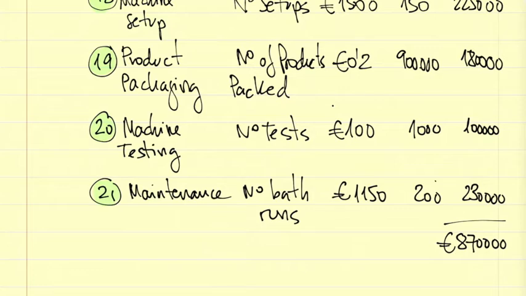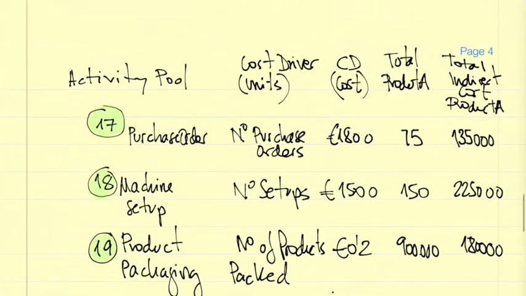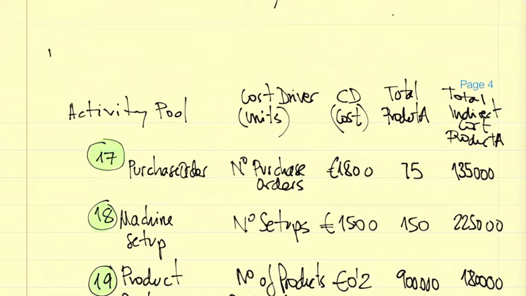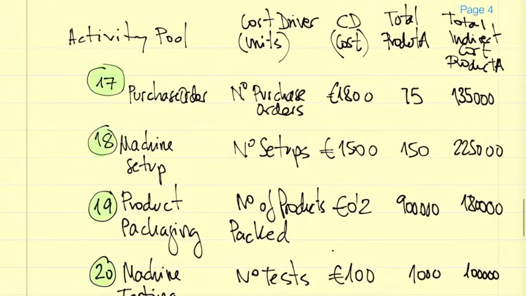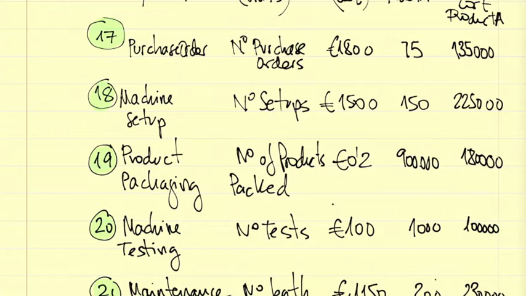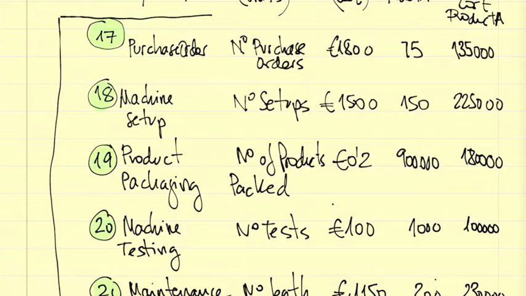Okay, this is for product A. So as I said, first we identify the activities. We identify the activities from the value stream.